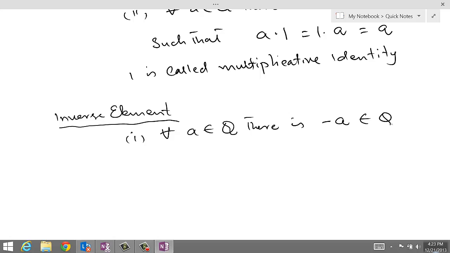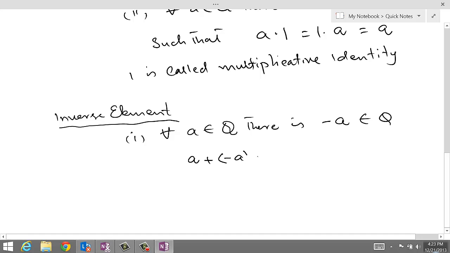For here a plus minus a or minus a plus a, doesn't matter, you add it from left or right side because the commutative law is already true. The answer is additive identity, which is 0.